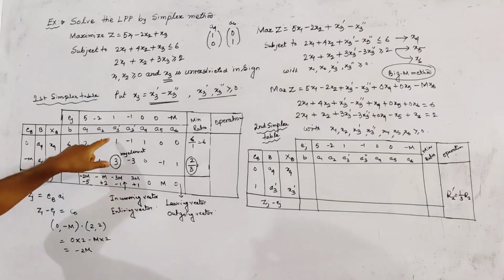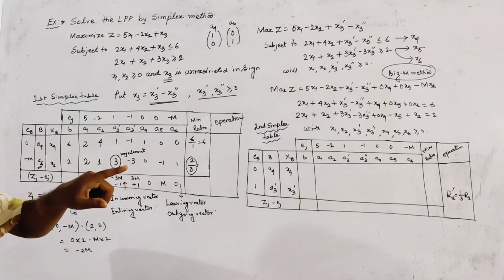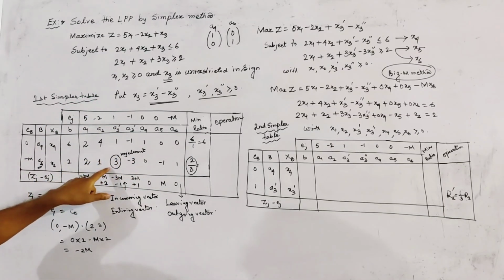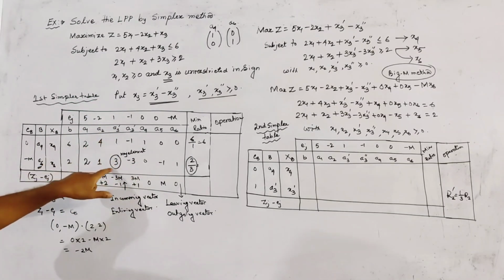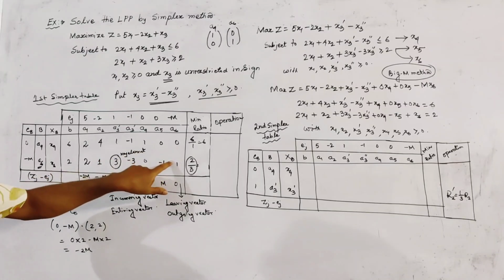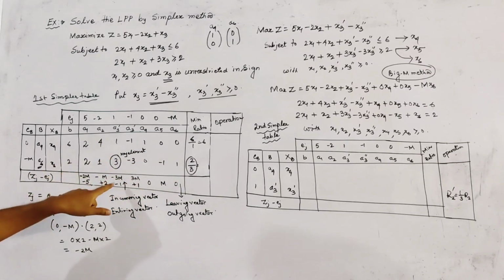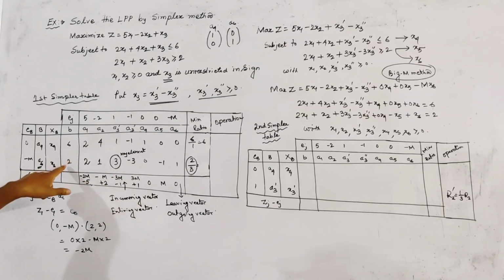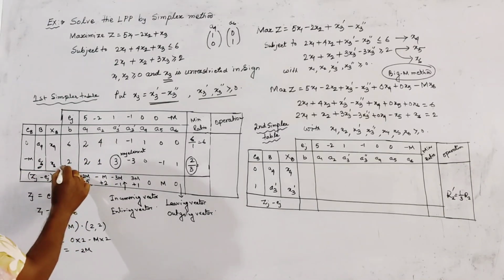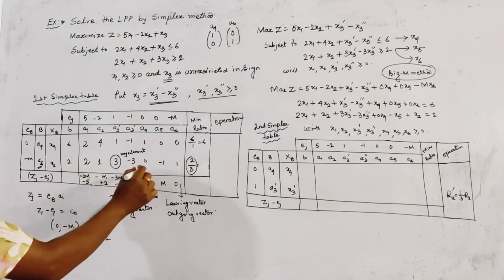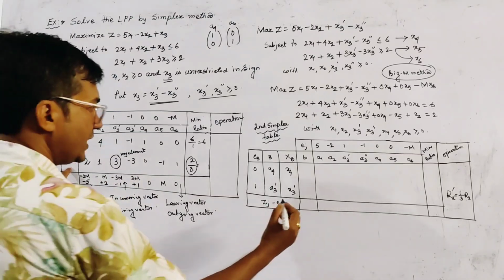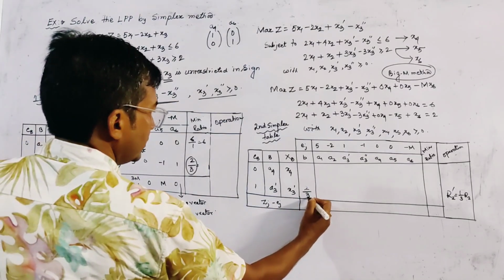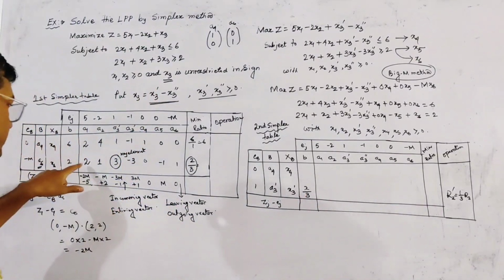Because if it is introduced in the basis, it must have the form 0, 1, because 0, 1 is replaced by A3 dash. So this is 1 and this is 0. Now we divide all the elements of this row by 3 and get the result as 2/3. This is the first element.